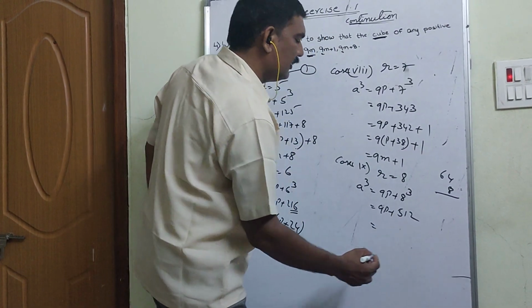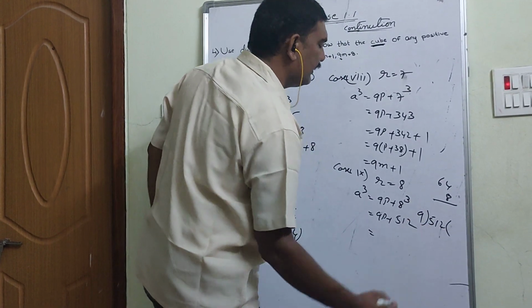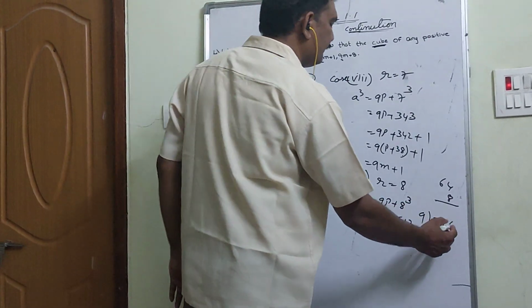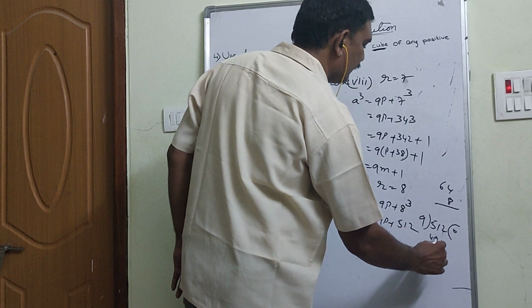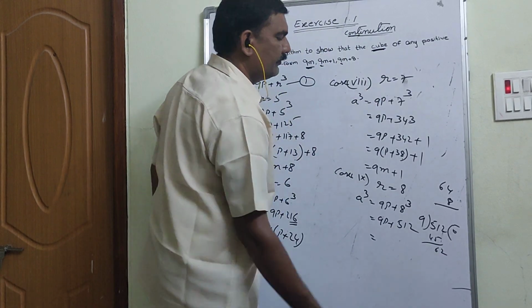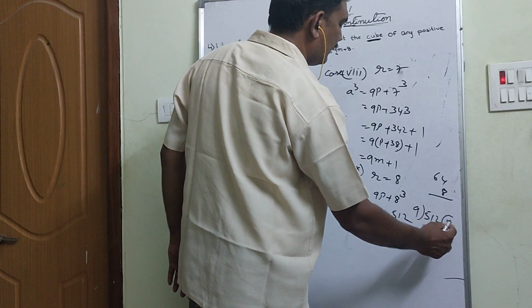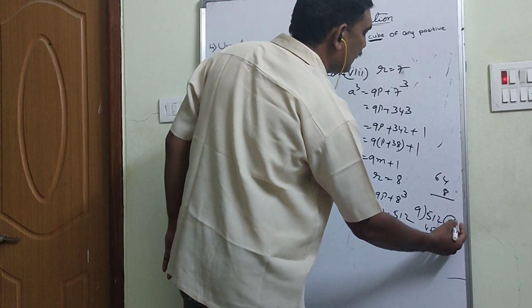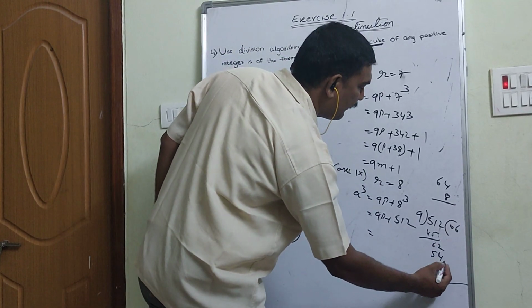So here 512, if you divide with 9, 9 5s are 45, so you are getting 62. 9 7s are 63, so 9 6s are 54.